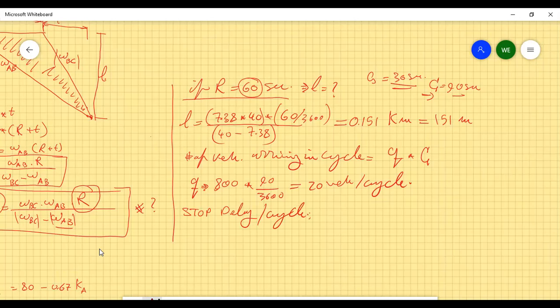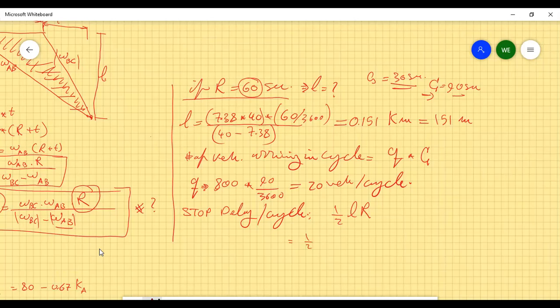The stop delay, which is basically the number of vehicles standing in this queue, is the area of this triangle. What's the area of this triangle? It's half L times R. Correct? What is L?